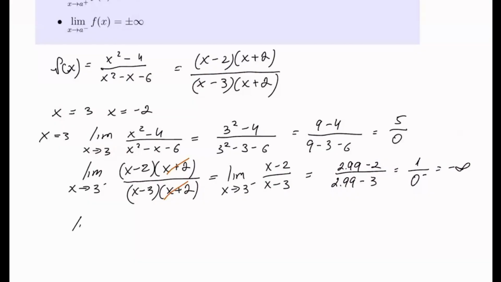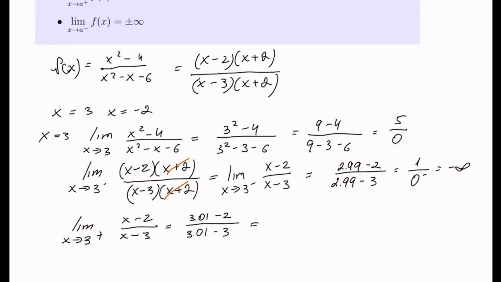On the right side, limit as x approaches 3 from the right side, I will just write the simplified version of that: (x - 2) over (x - 3). I will plug in a value of x a bit bigger than 3, so something like (3.01 - 2) over (3.01 - 3).